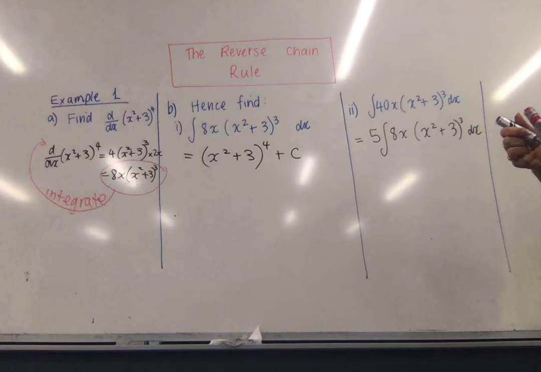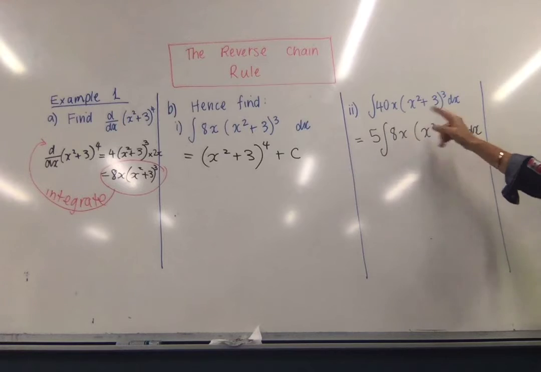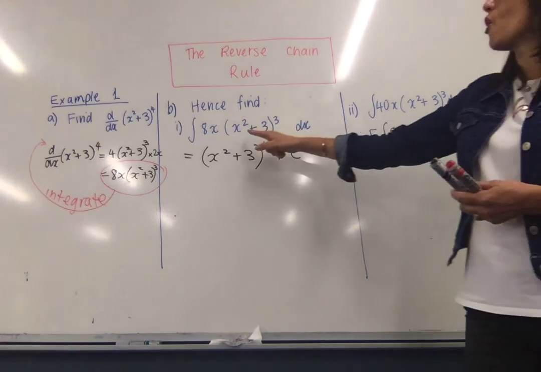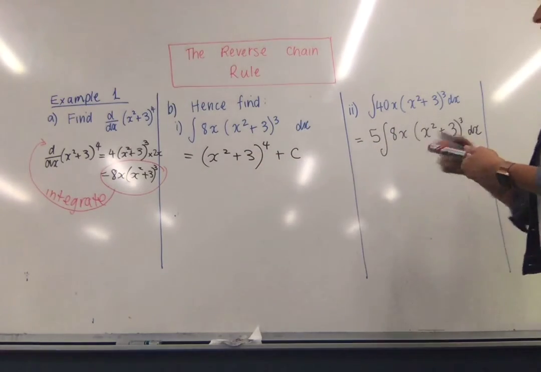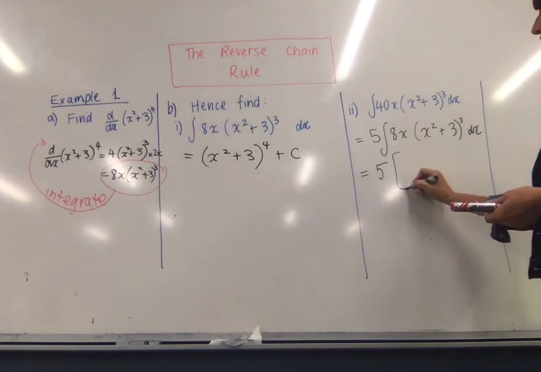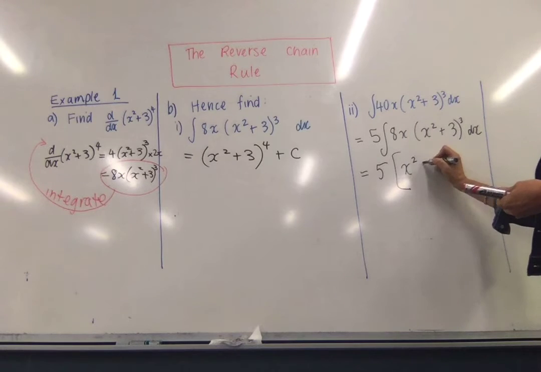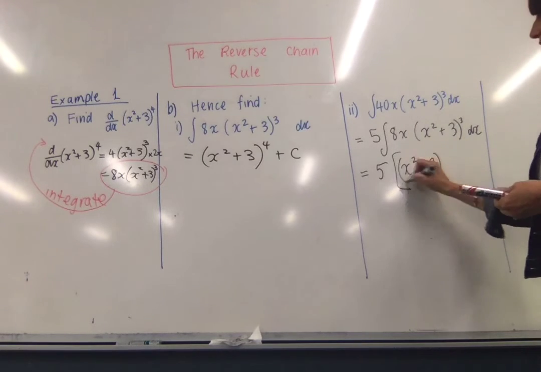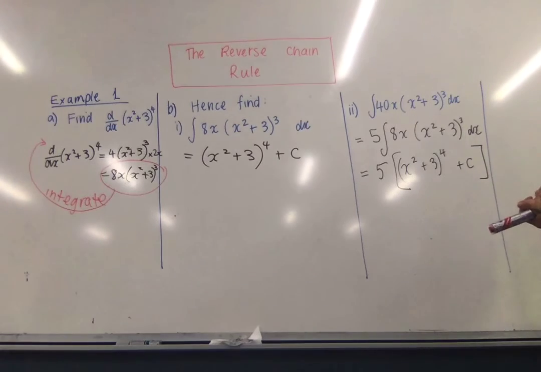So now you can see that this is in fact the same question that's being asked, but the reason I included this here, because I know the result for that is going to be this here. So now let's leave the 5 out the front, and we know that the result from the integral of all of this is going to be (x squared + 3) to the power of 4 plus my constant c.